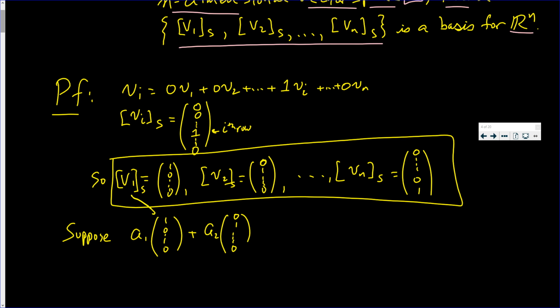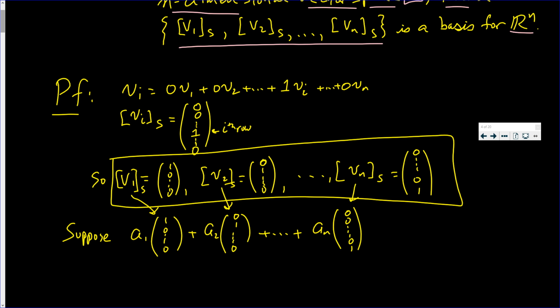Remember, that's the coordinates of V1 in S, that's the coordinates of V2 in S, all the way down to plus a sub n times the coordinates of V sub n in the S basis.